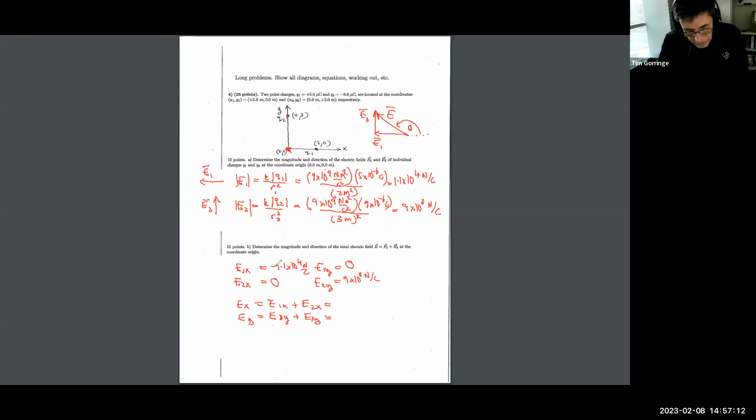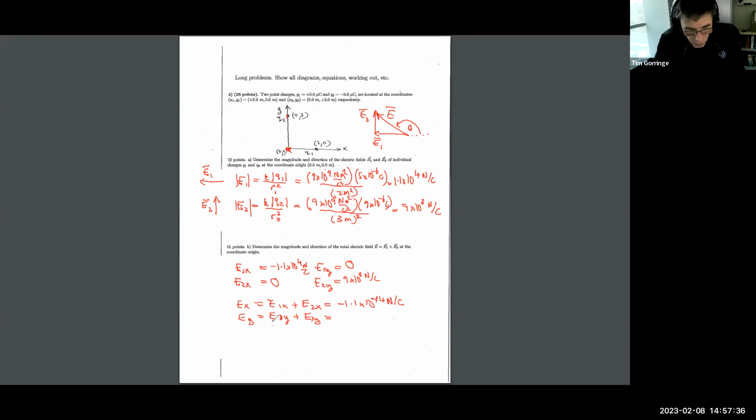So I've got to add these components together. So for Ex, I'm adding together this minus 1.1 times 10 to the 4 newtons per coulomb, and this 0 newtons per coulomb. So I'm just going to get minus 1.1 times 10 to the 4 newtons per coulomb.